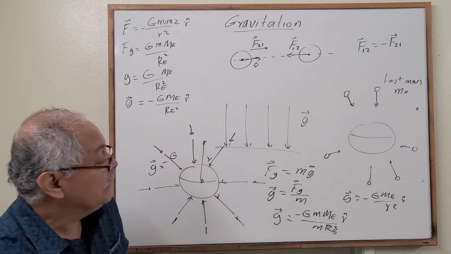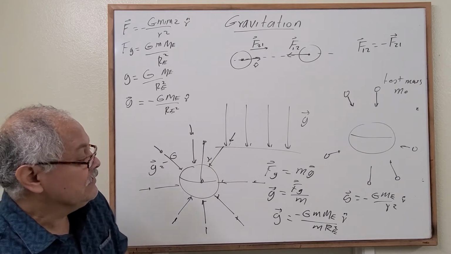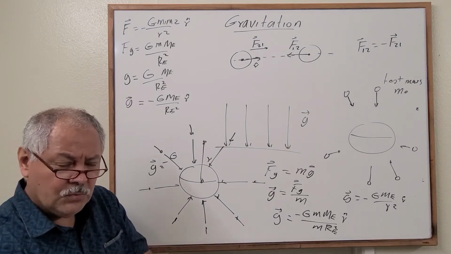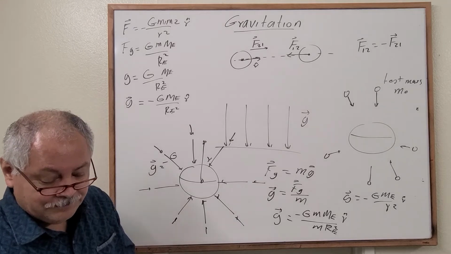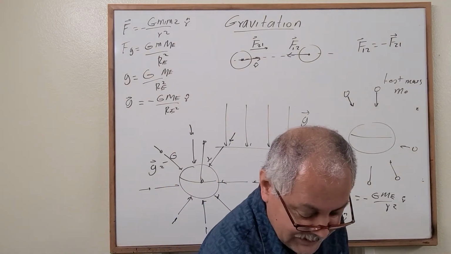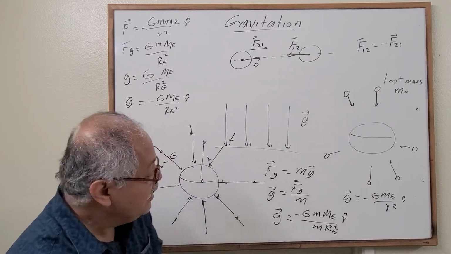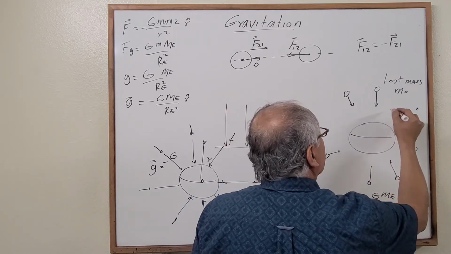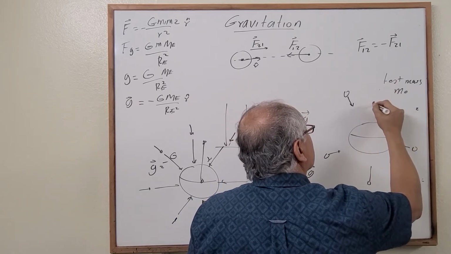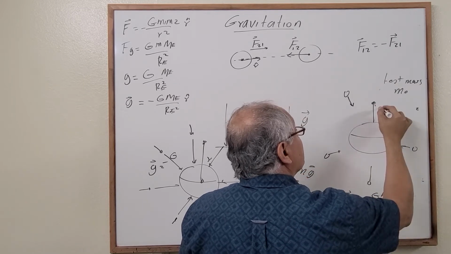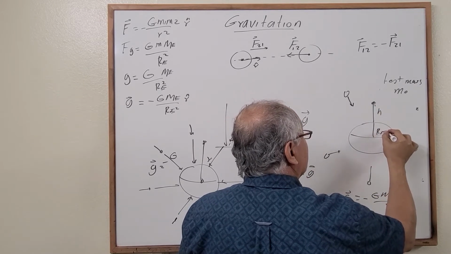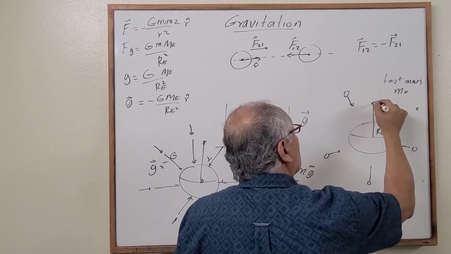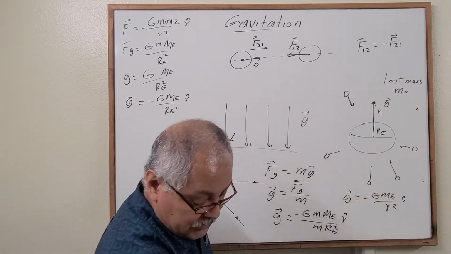This is the radial direction, because the gravitational force is a central force, and also a conservative force. Now, what happens in this case if we are on the Earth? If we take, let's say, the distance from the surface h, and this is the radius of the Earth, what should be the gravitational field at that position?